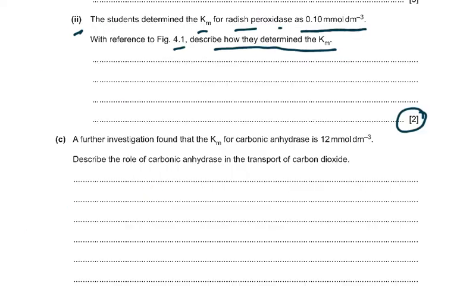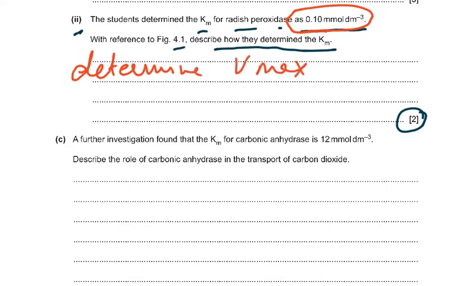So it has told you that it is 0.10. But they said, how would you do it? There's only 2 mark scheme points. First, you determine the Vmax, which is 5.6 micromole per minute.